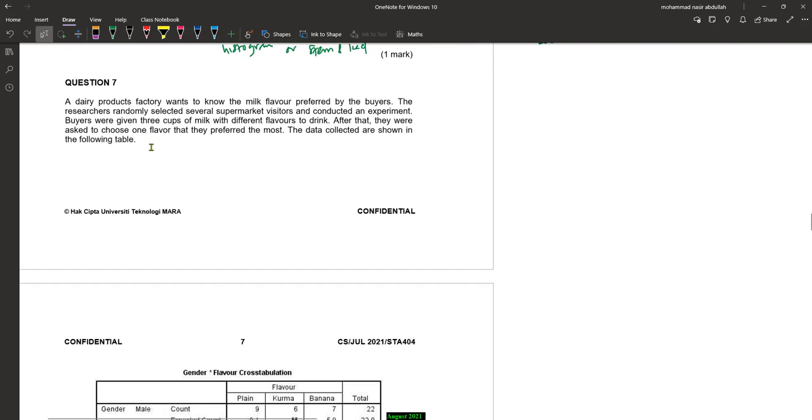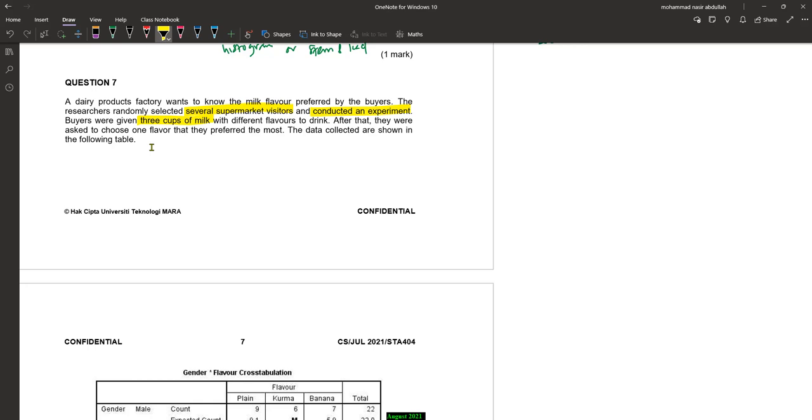Right, the last question for the day. A dairy products factory wants to know the milk flavor preferred by the buyer. The researcher randomly selected several supermarket visitors and conducted an experiment. Buyers were given 3 cups of milk with different flavors to drink.